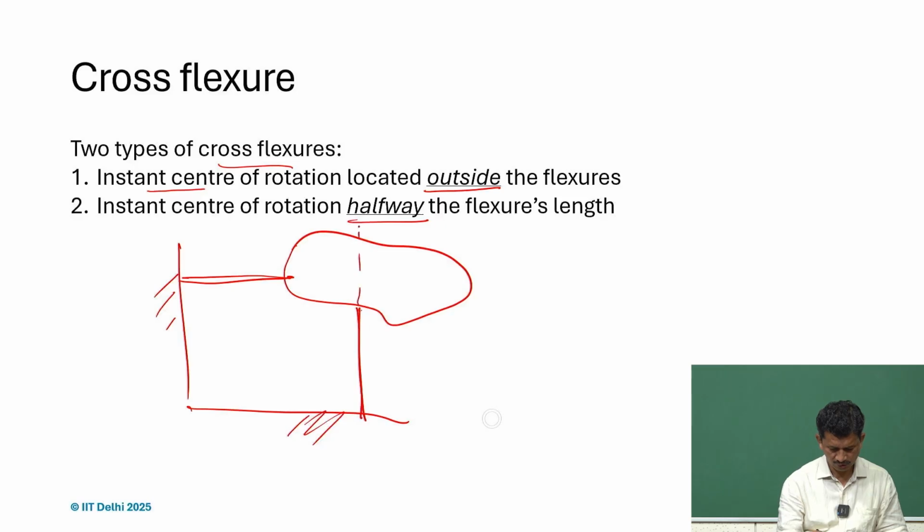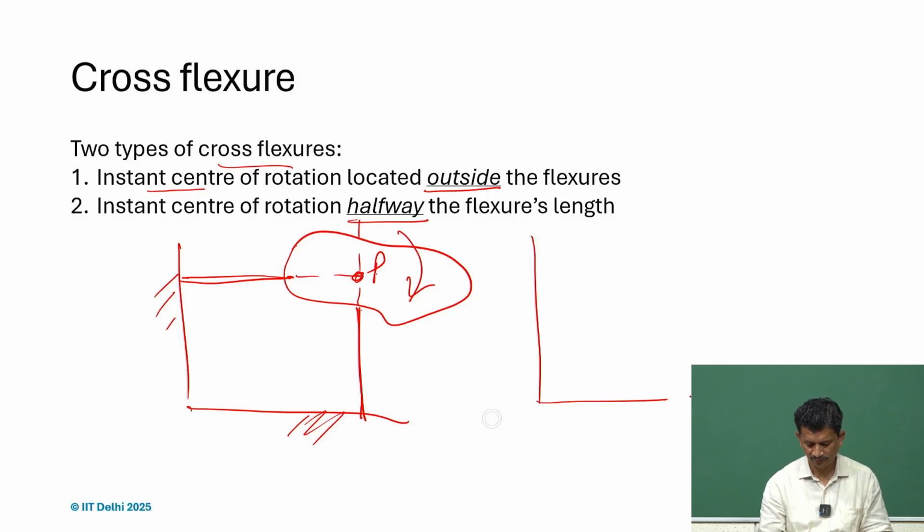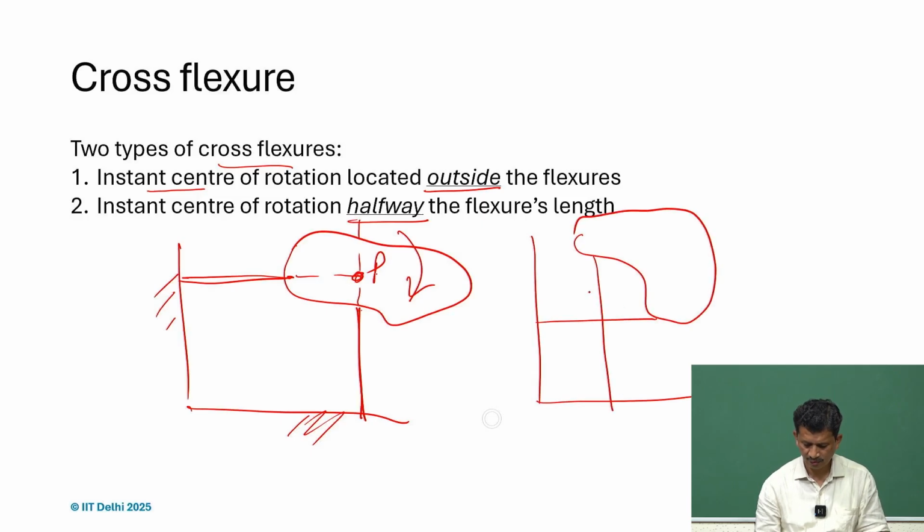If we just extend, this will be point P, and if we apply any moment to this body, it will be pivoted at point P. And the other one, if we go like this and have any body attached like this, we observe that this is the point P in the midway.